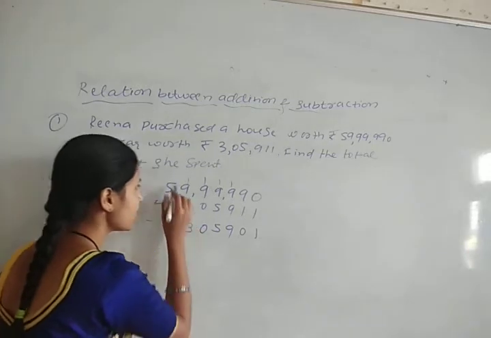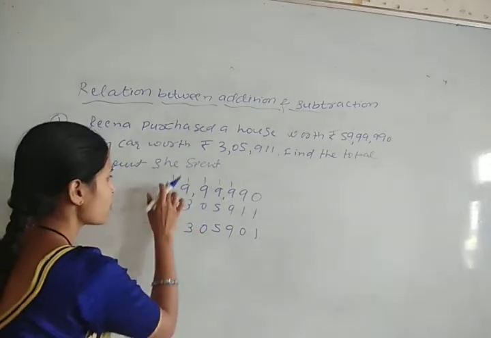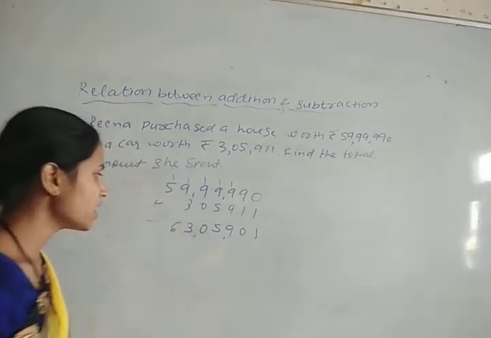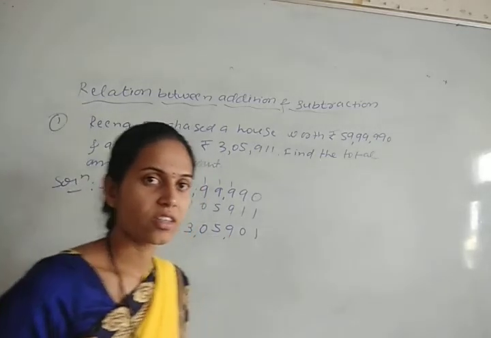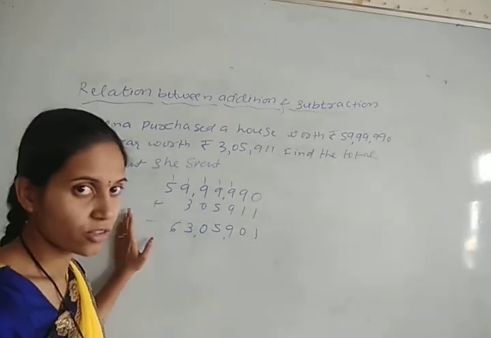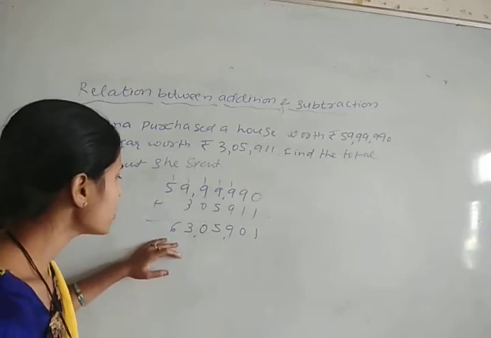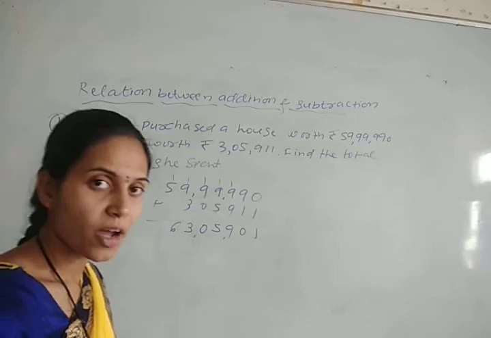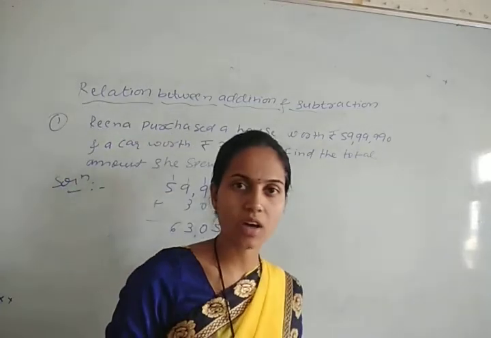I will write 3 here. Take 1 as a carry. Now 5 plus 1 is 6. So you can see 63,05,901. It is the total amount Reena spent. We got 63,05,901 by adding the price of the house and the price of the car.